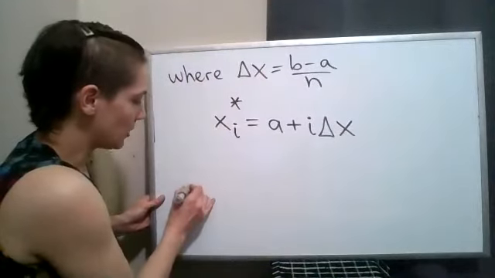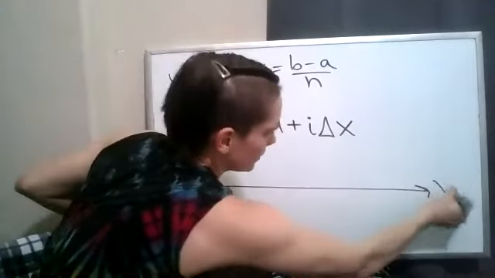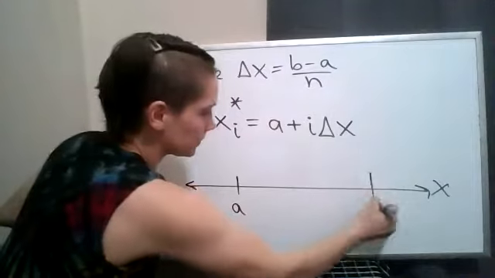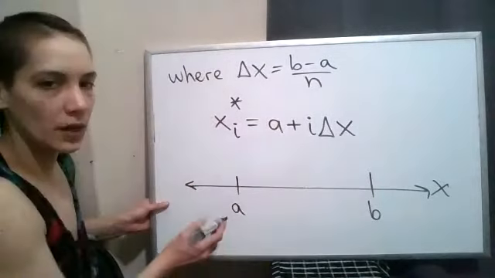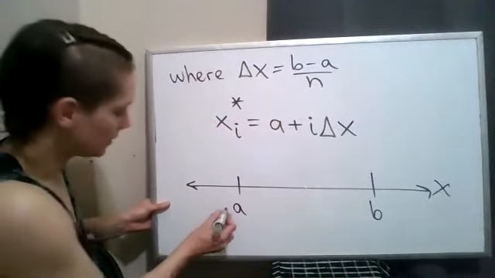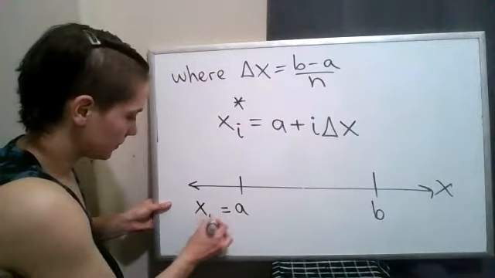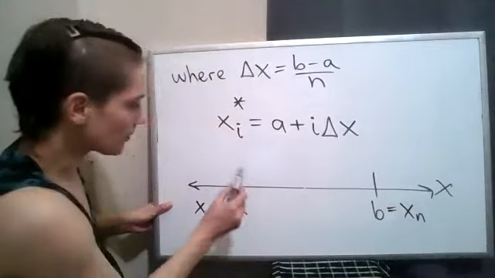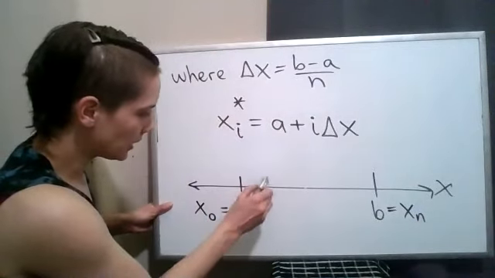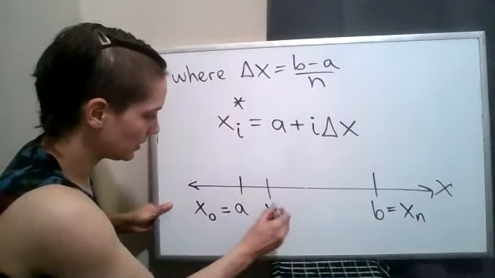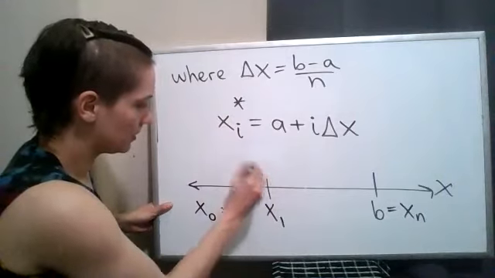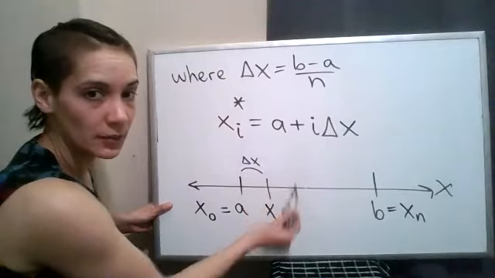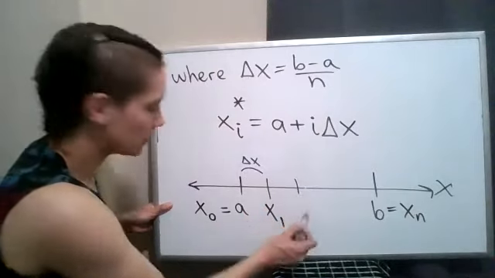And in that case, you've got your x values. You integrate from a over to b. We call the starting place x naught. You end at x sub n. And then you add delta x, and that gives you x1. Another width of delta x will be here at x2.